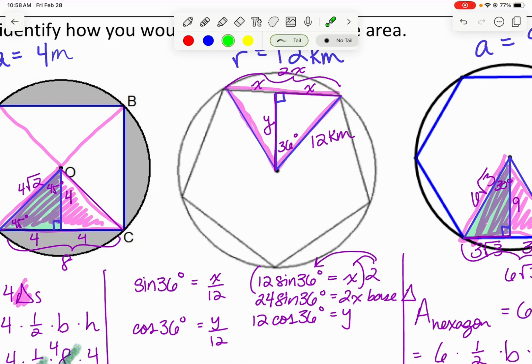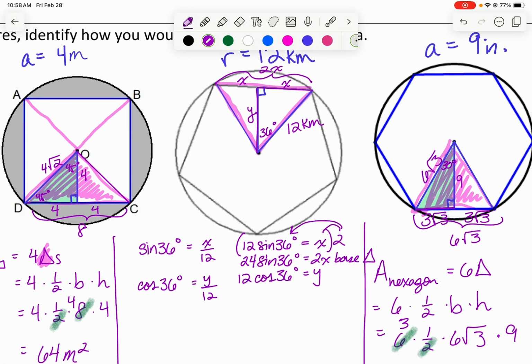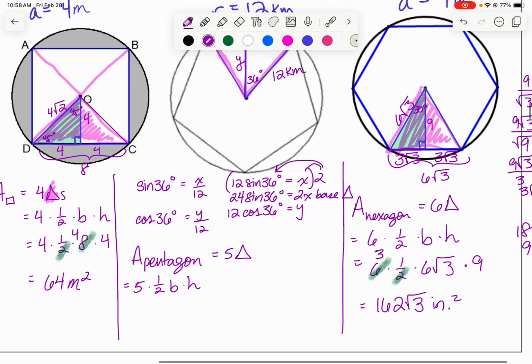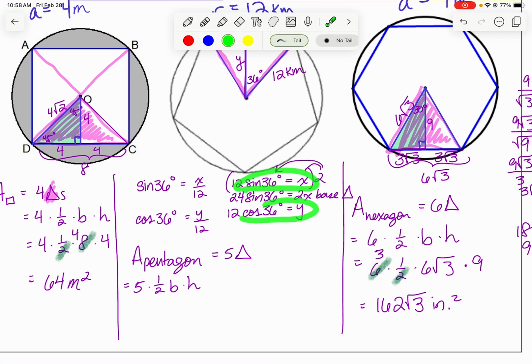So now that we have the base and the height, we can plug into our formula. So it's a pentagon, so we know the area of our pentagon is equal to 5 triangles. So I'm going to have 5 times 1/2 base times height. And we're going to plug in these expressions that we have for x and for y.